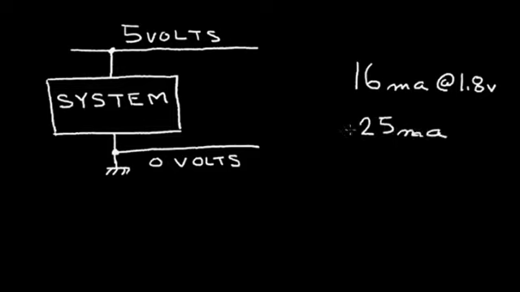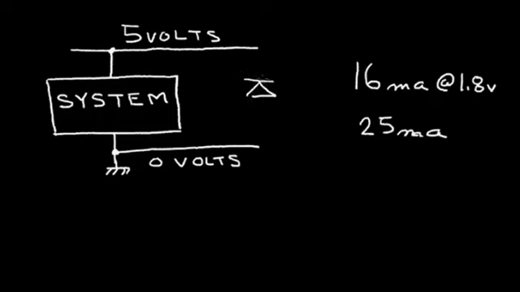So I don't want any more than 25 milliamps to run in this diode circuit. And I'd prefer to run close to the typical current of 16 milliamps with a 1.8 volt drop across the light emitting diode.